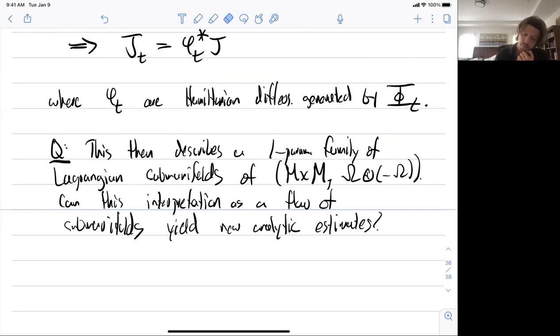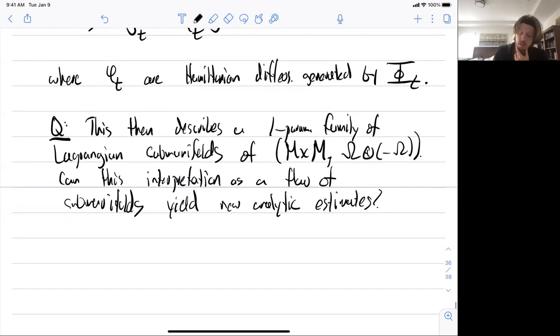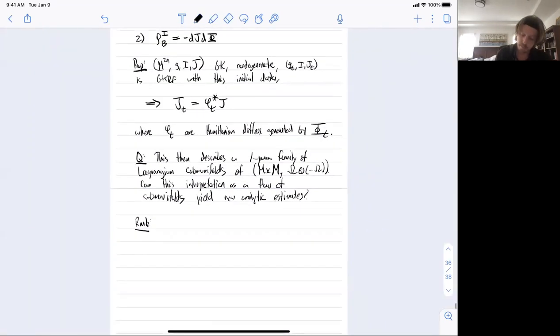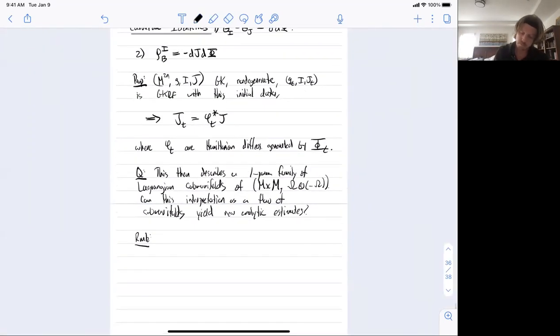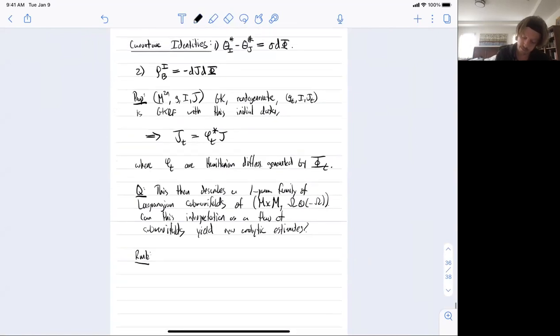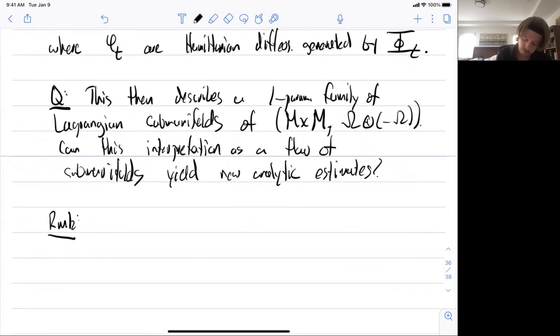Okay, so a remark that comes out of this discussion as well comes out of item 2.